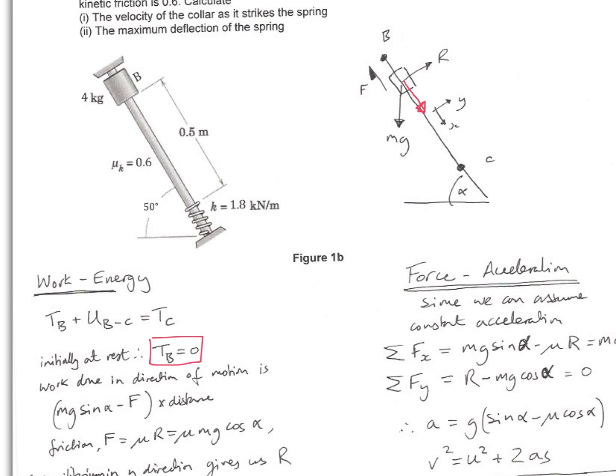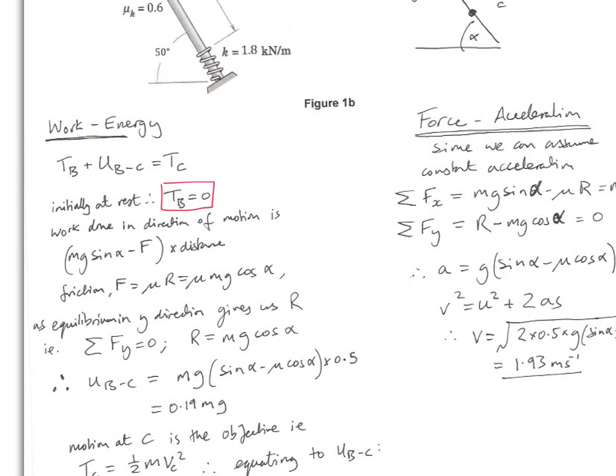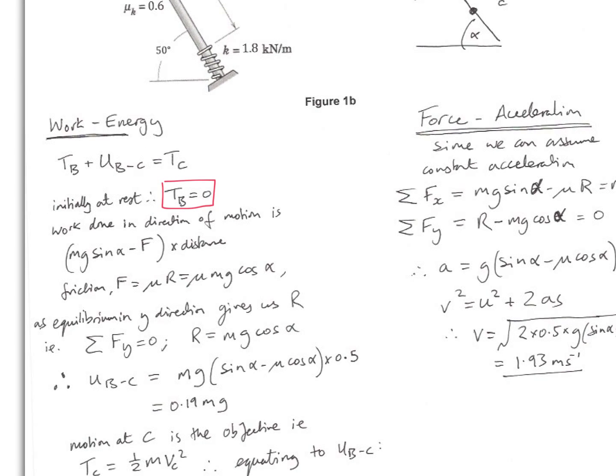You have the work done being equal to the positive work done by the weight minus the work done by the friction, times the distance. That's the distance over which they act, so it's the distance between B and C.